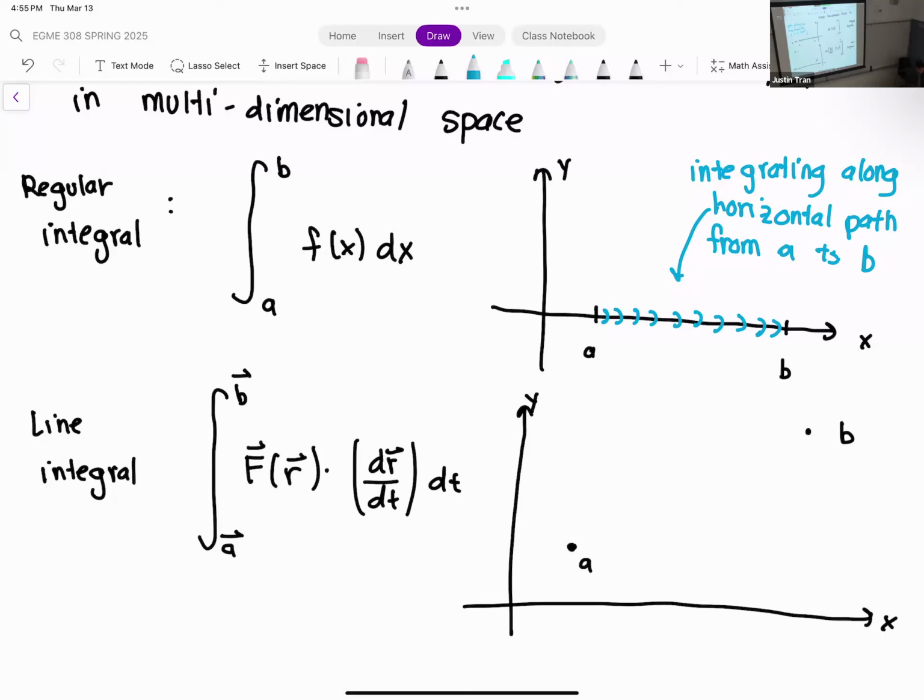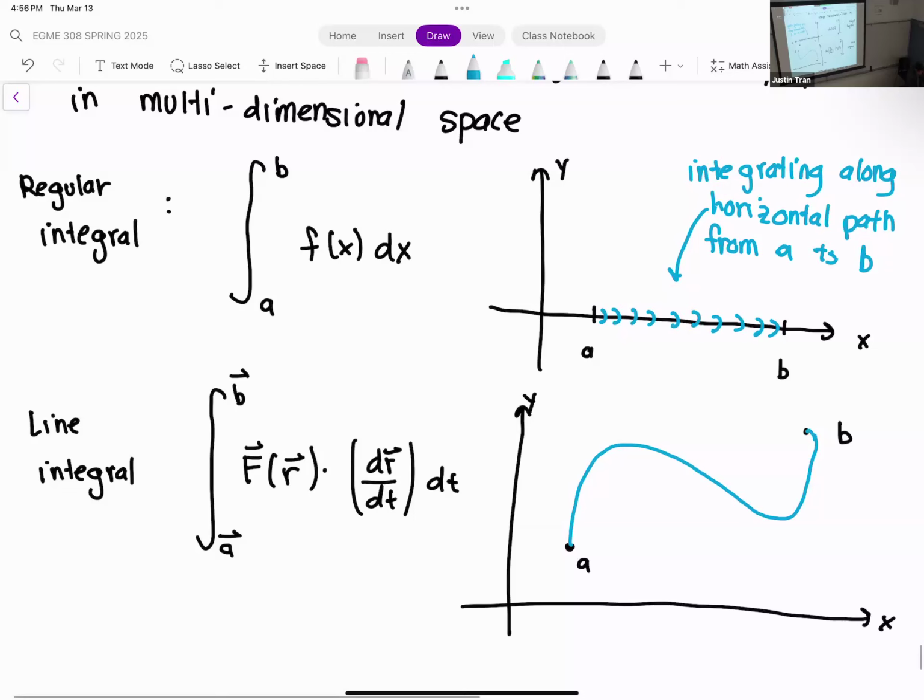And now our path, instead of being a flat path along the x-axis, maybe takes an interesting path between A and B. Maybe that looks something like that, where that path is a parameterized path, parameterized according to our variable t.